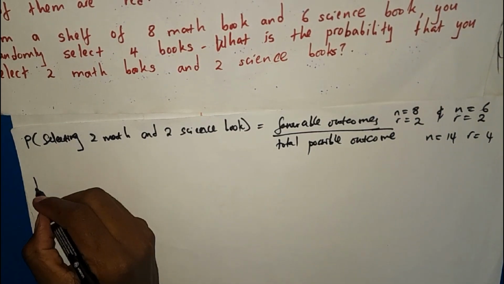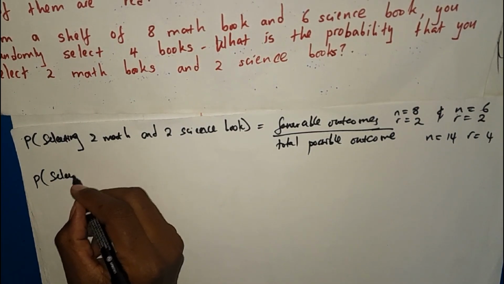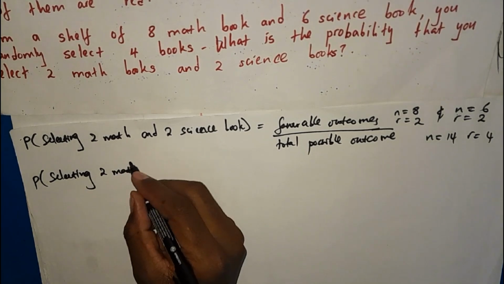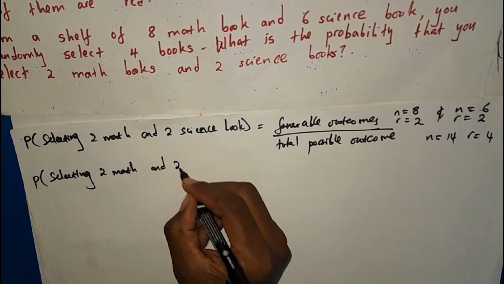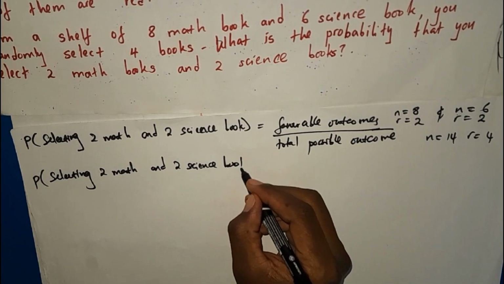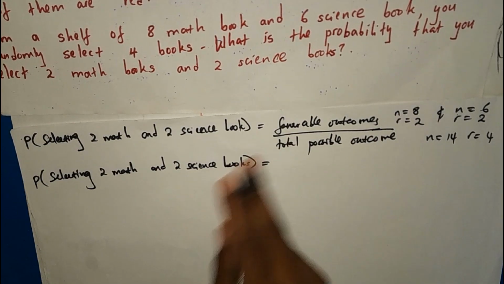Therefore, the probability of selecting 2 maths and 2 science books is equal to the favorable outcome.